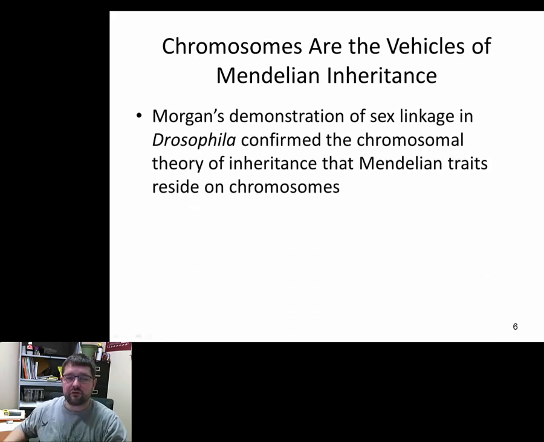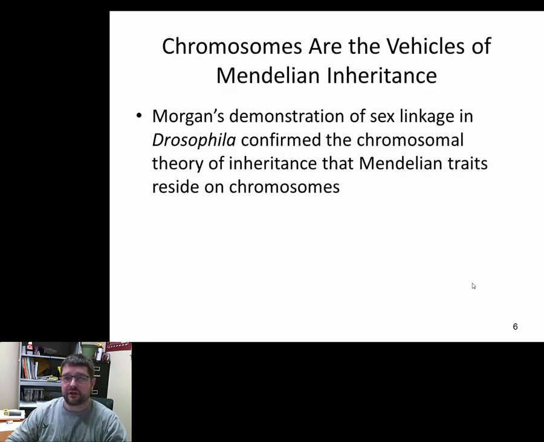So his experiments demonstrated that there was such a thing called sex linkage, which has to do with the sex chromosomes of the organism. And if you take into account the sex of the individual, then indeed the white eye variety versus the wild type, the red eye variety, is a Mendelian trait.